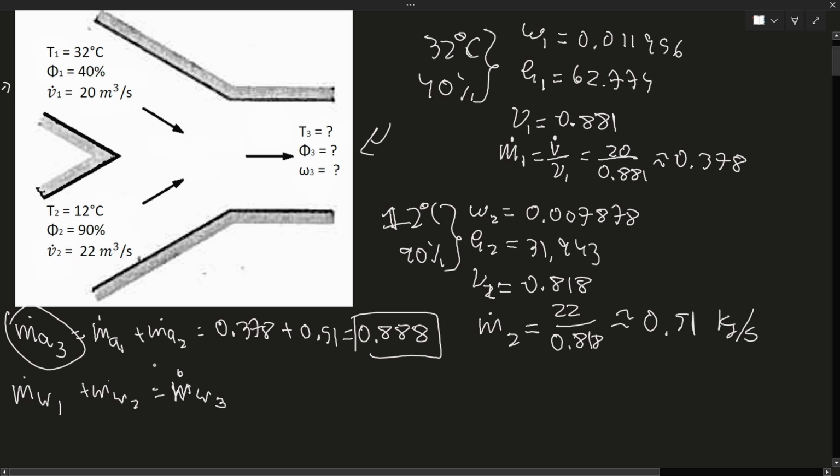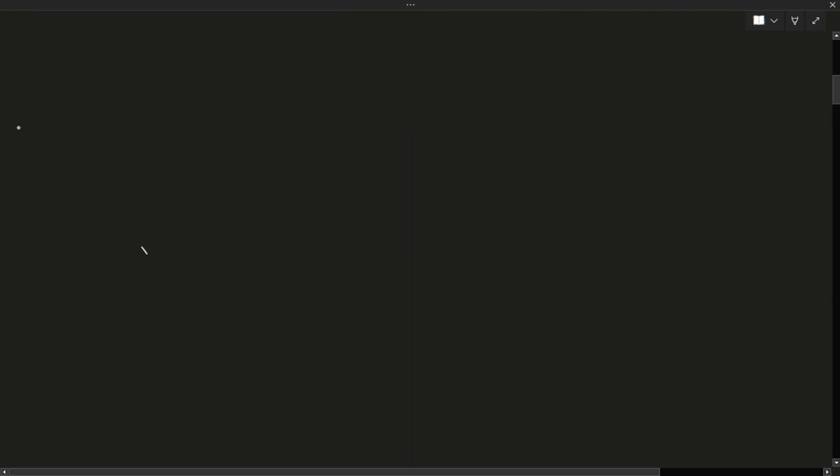Okay. Keep in mind that omega is equal to the mass of water divided by the mass of air. And if you derive those, it's still going to be the same ratio, okay?